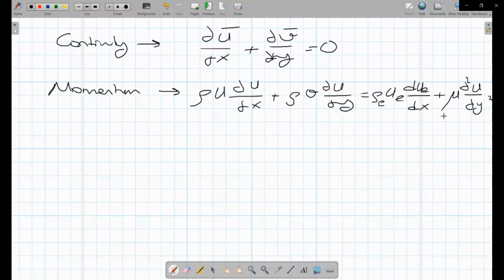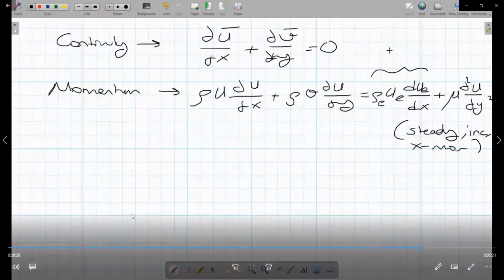So this is the steady state x momentum equation. Of course, this is only the x component; we have the other components as well. This is a steady state incompressible x momentum equation.